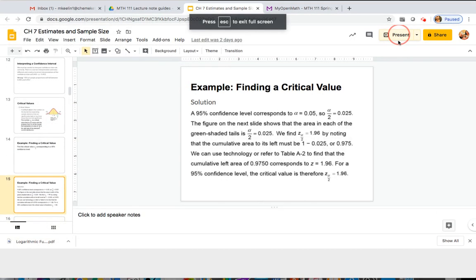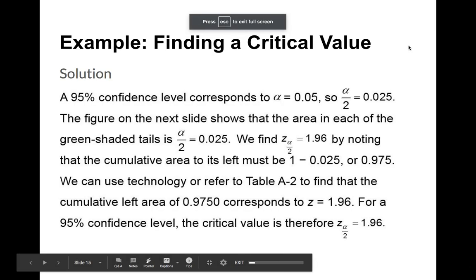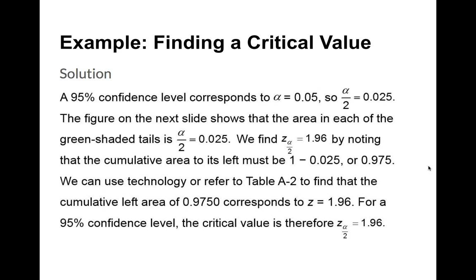Okay, let's come back here. Look at our nice z sub alpha over 2 is 1.96. Okay. Now, this talks about using tables. Remember, we're not using tables. We're using our calculator because that's a much easier situation.